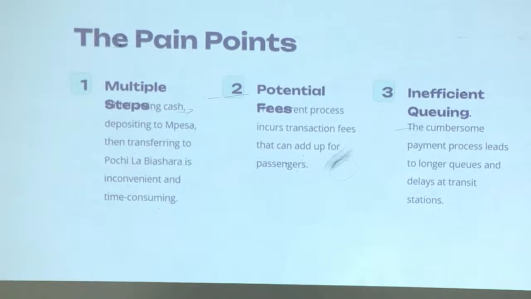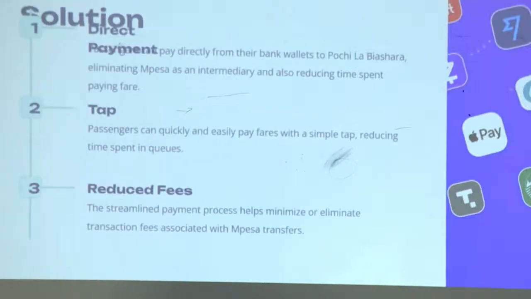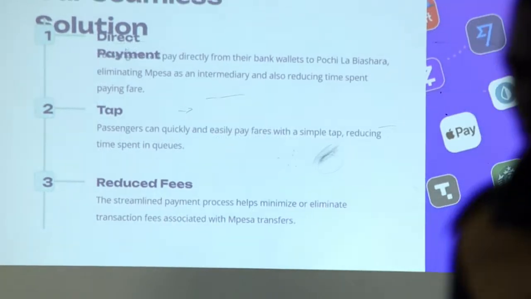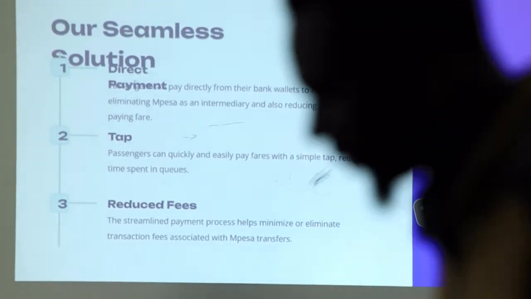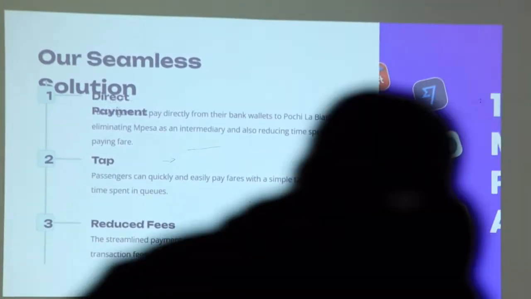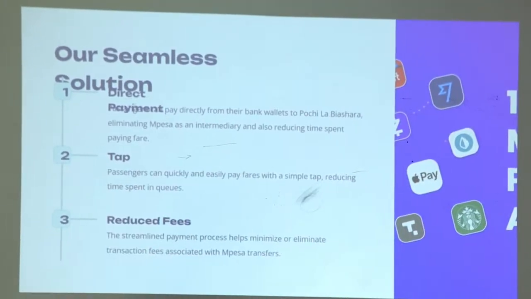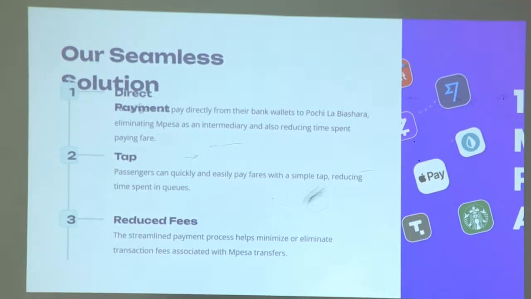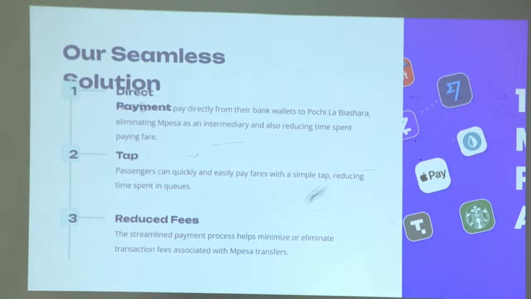Next slide. Our solution is to transform whereby we can use Intasend to directly move your money from bank, instead of the process whereby you're supposed to take it to M-Pesa and then onward. So it is quick. Then we want to reduce the charges in card.